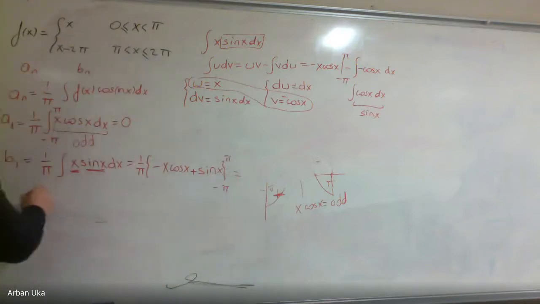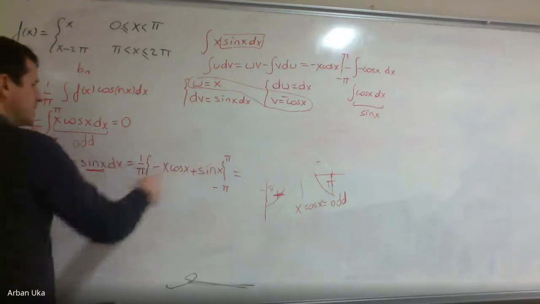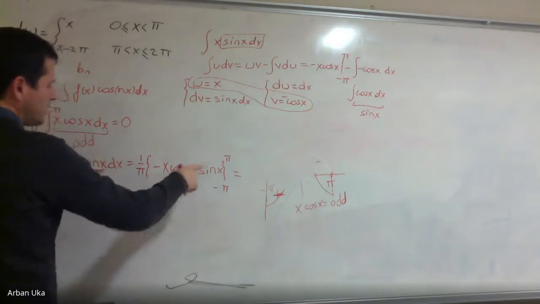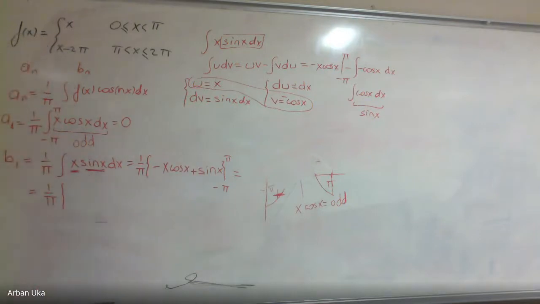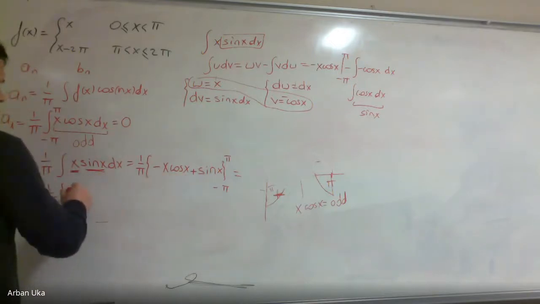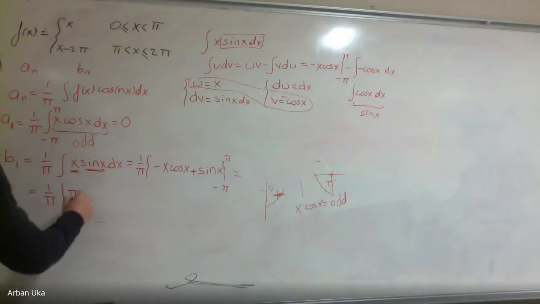You can correct me if I make any mistake, but it looks like this 1 over pi is going to be equal to, if you substitute the values, minus pi times cosine pi. What is the cosine of pi? It's minus 1. So we get here minus 1, so this is going to be pi, plus sine pi is equal to 0.